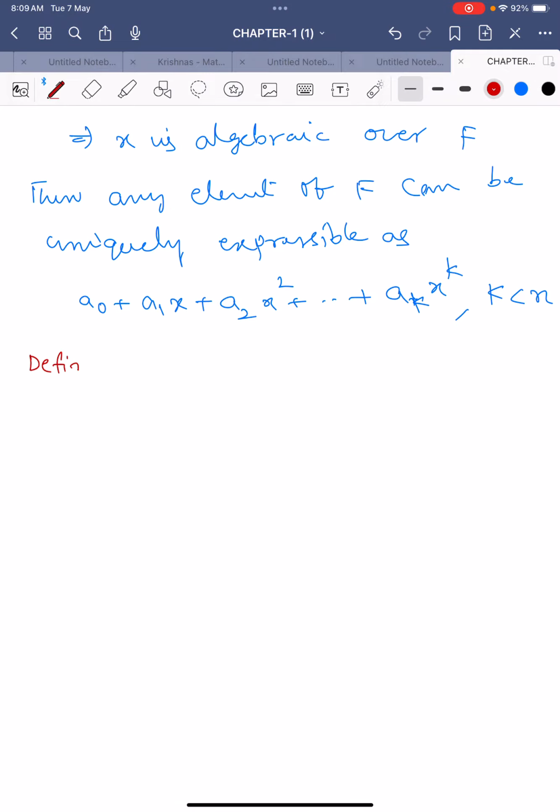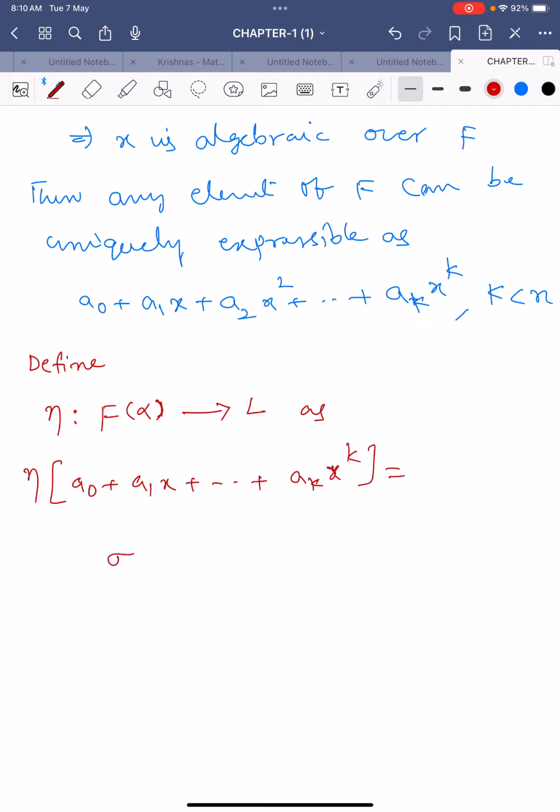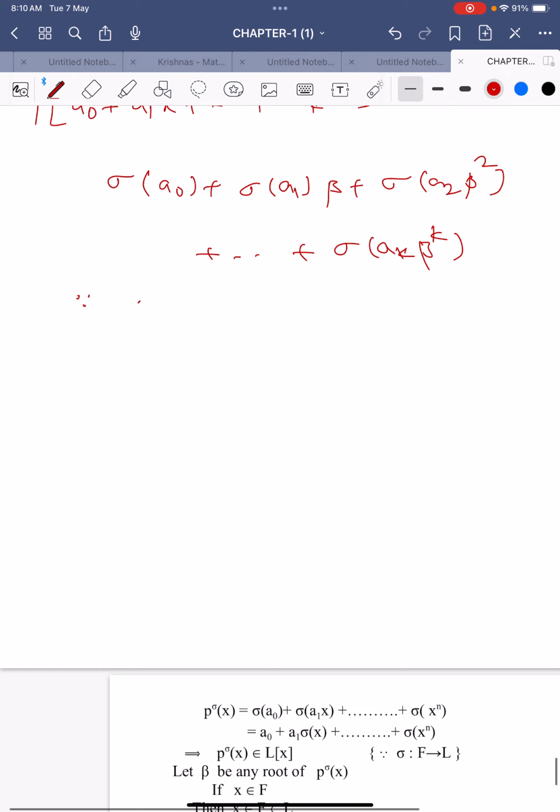Now define a mapping eta that maps from F(alpha) into capital L as eta(a0 + a1x + ... + ak x^k) = sigma(a0) + sigma(a1)beta + sigma(a2)beta² + ... + sigma(ak)beta^k.